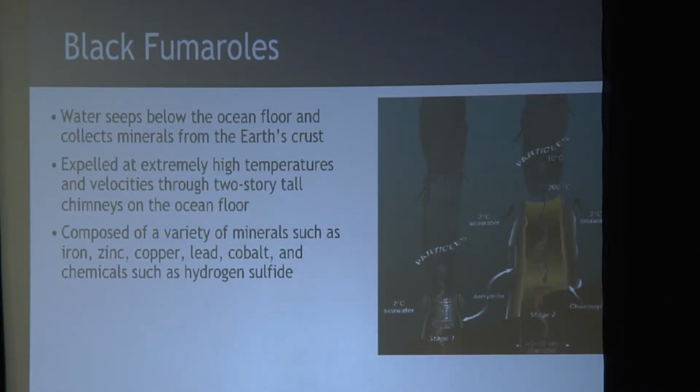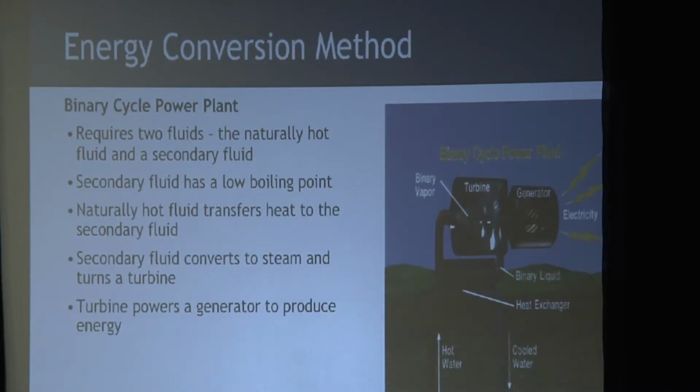So with these black fumaroles, the water seeps below the ocean floor, and it collects all of the minerals from the Earth's crust, then shoots them out at different temperatures, and the different minerals could be iron, zinc, copper, lead, cobalt, and other chemicals such as acid gases and hydrogen sulfide. So the energy conversion that is proposed in this project would be a binary cycle for the power plant, which requires two fluids, the one that's generally hot and the secondary fluid.